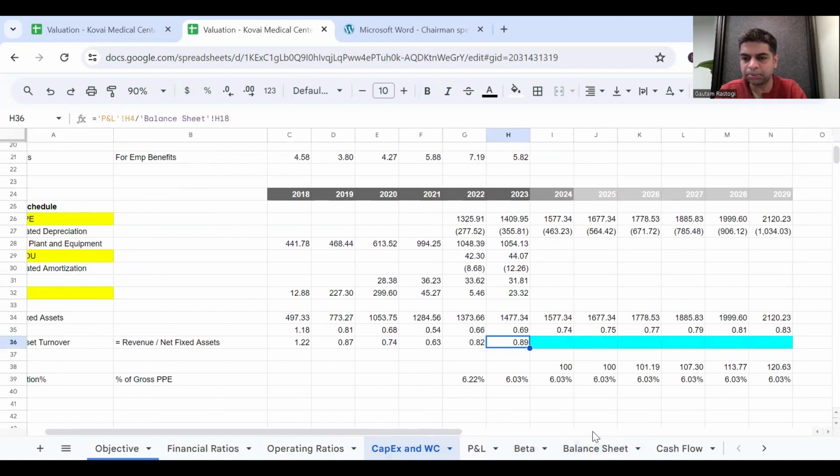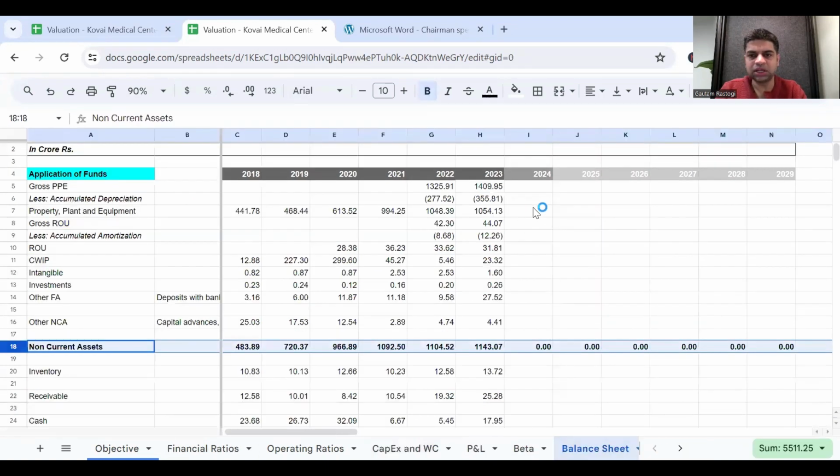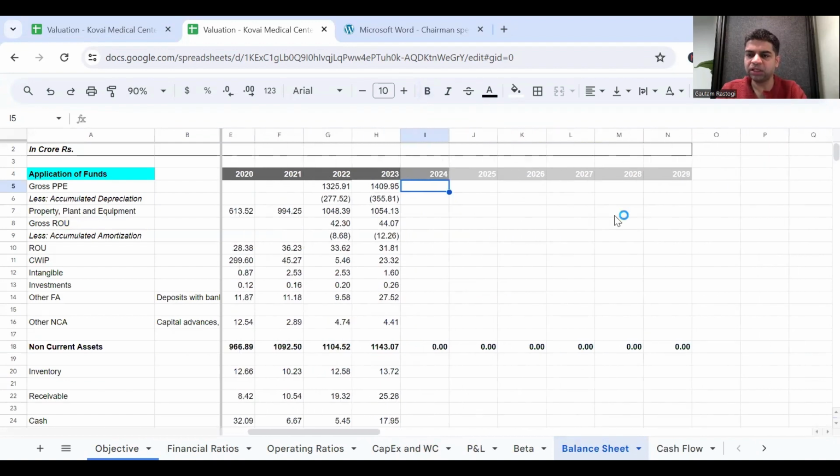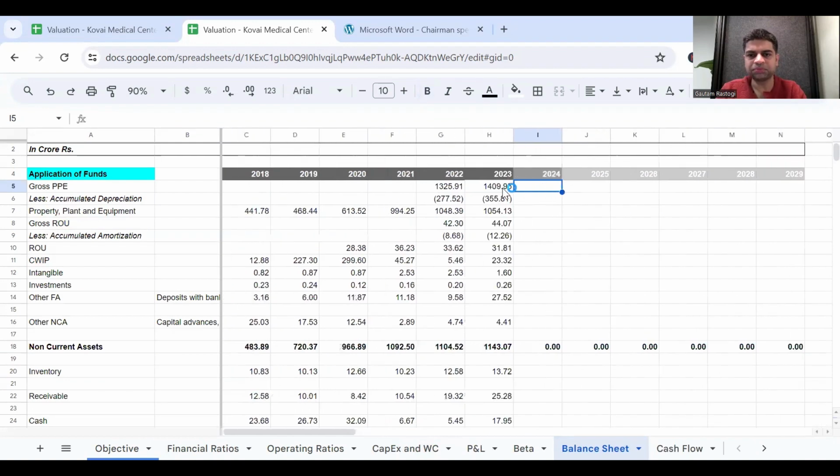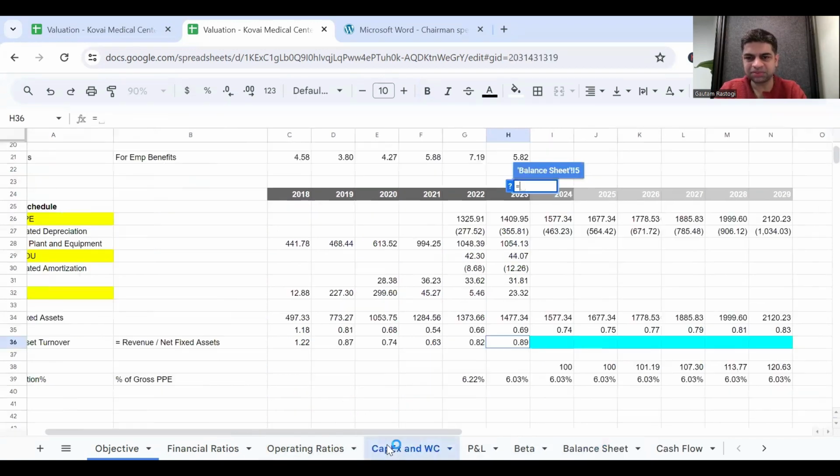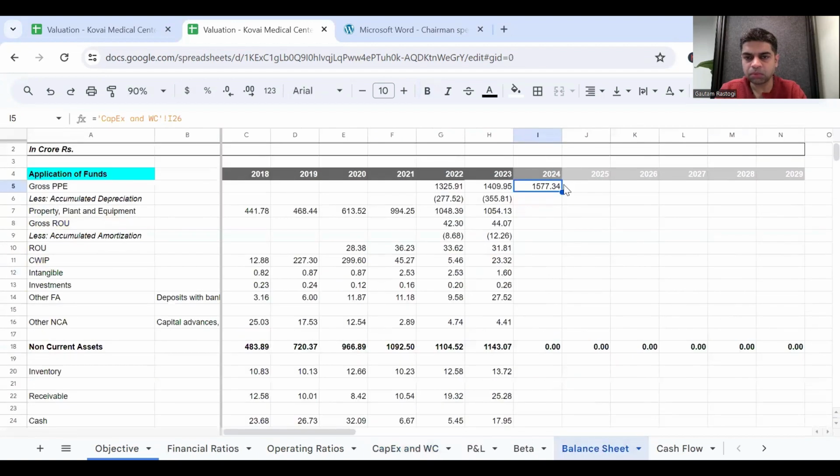Let's go to the balance sheet and start pulling some of the stuff that we just built. So this is gross PPE. Accumulated depreciation.